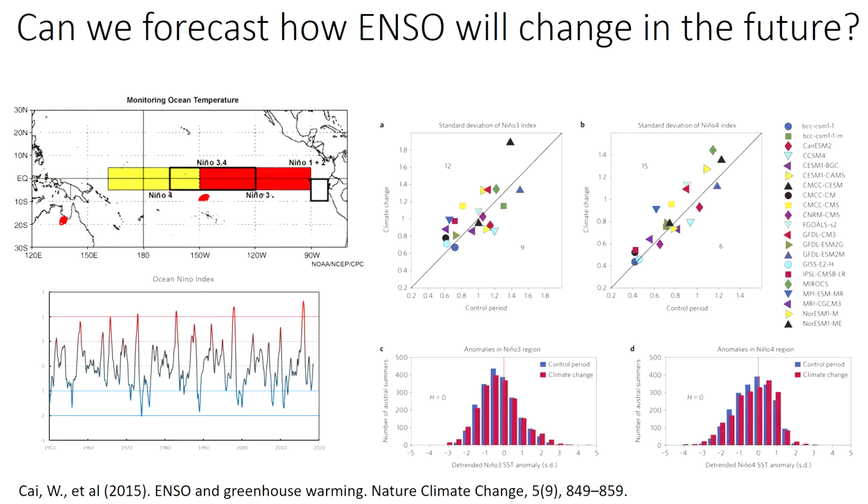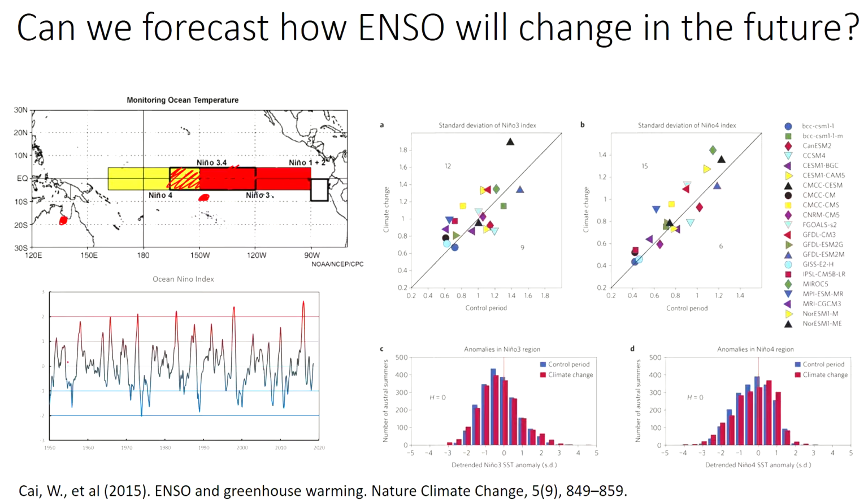Another way is to take a box of the ocean, one of these boxes, and work out what the average temperature is in that box. When these boxes over on the eastern side are warmer than usual, then we're in an El Nino state, whereas if they're cooler than usual, we're in a La Nina state.